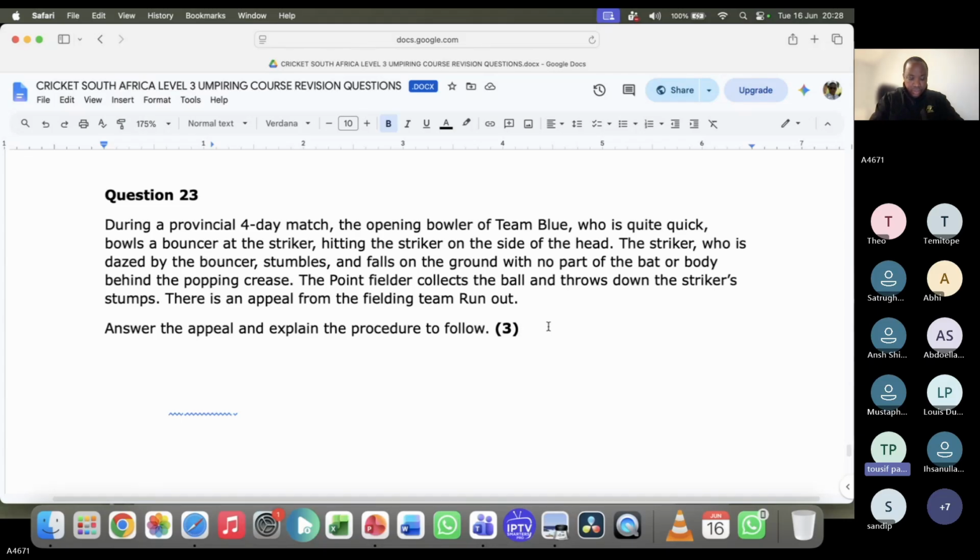So any umpires, striker and umpire or non-striker, they can call a signal dead ball. So after that, whatever proceeds is not going to be considered. So in this scenario, as soon as batter falls down, we can call a signal dead ball. After that, the point fielder throws the ball. So the run out appeal is not going to be valid.